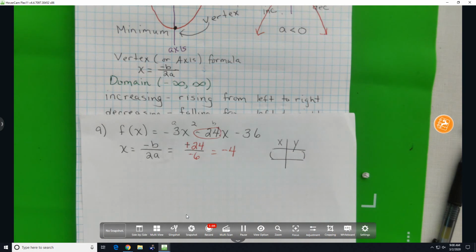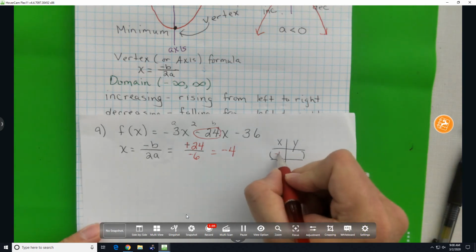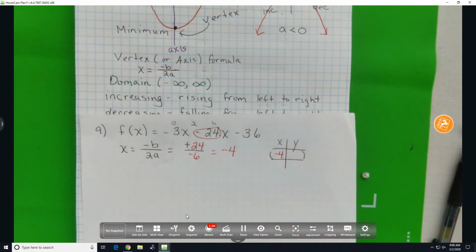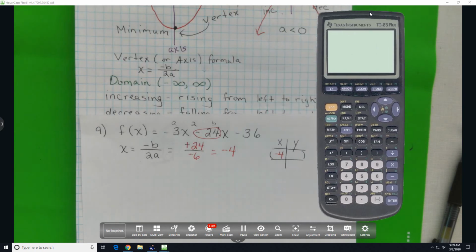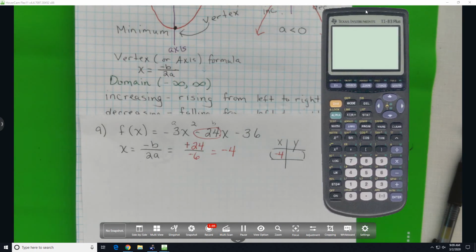plug a negative 4 in for x. And this would be a good one to use my calculator on. I haven't used my calculator in a while. Let me pull up my calculator. Does that make the display a little brighter? It seems it's so bright in here. I just don't notice. Our screen is crystal clear, but y'all, that seems a little pale, doesn't it? Is it always like that? Yes.